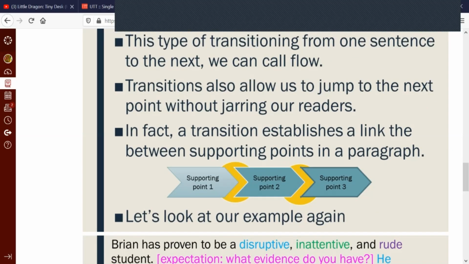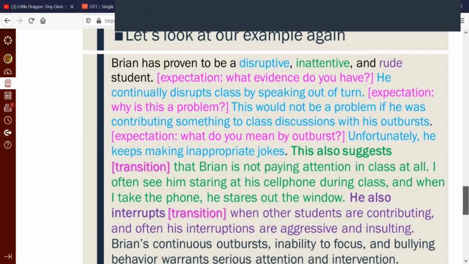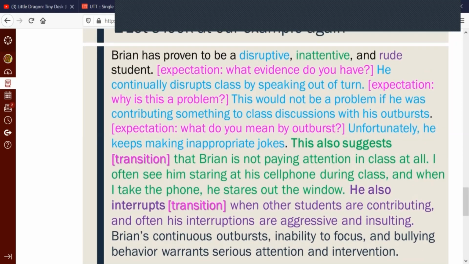So we can look at this and call it flow. We're letting our paragraph flow from one, making connections from one subpoint to the next. We can also use transition words. So again, because there are 3 subpoints or 3 sub-ideas in your paragraph, you want to make sure that they tie together.